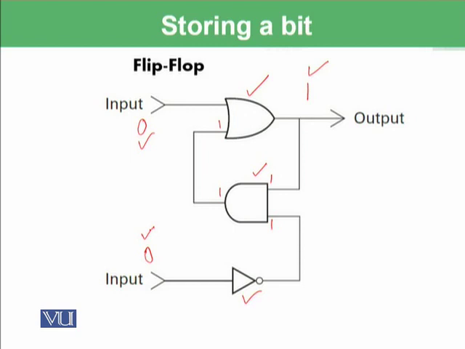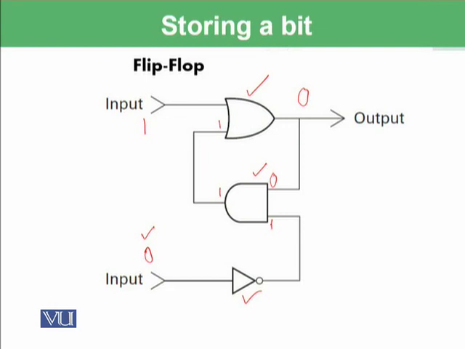Let's change the upper input to 1 and see what happens. The other is the same, 0 is becoming 1, 1 is already stored, and then 1 is coming here and it has no effect. Now let's say we have already stored 0. This 0 is coming as 1. This 0 is coming here in this AND gate as 0.